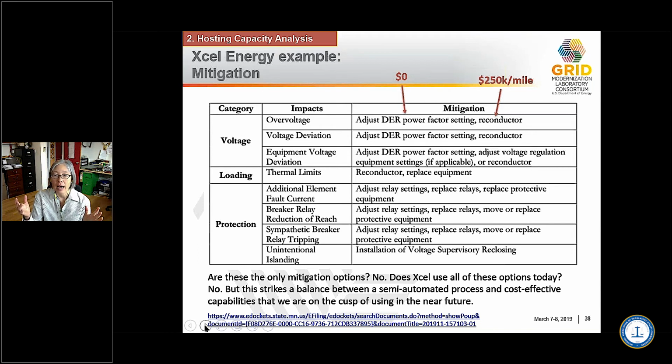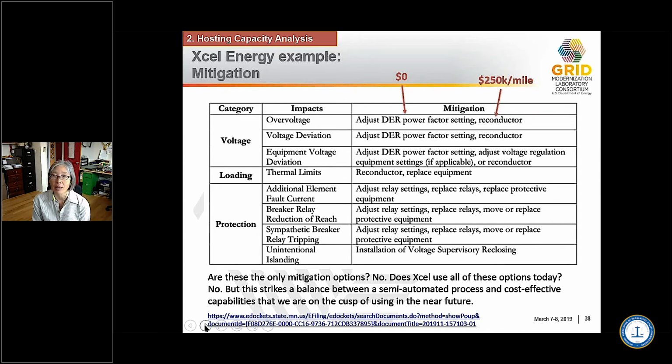So they had, from their last year's study, 95 feeders that had 0 hosting capacity. They used a new tool that EPRI developed that helps them kind of walk through and streamline what an engineer might do in a mitigation analysis. So look at different ways you would mitigate the different problems.